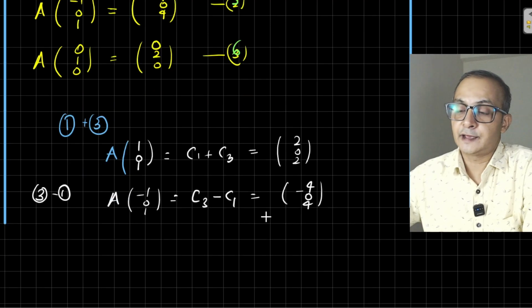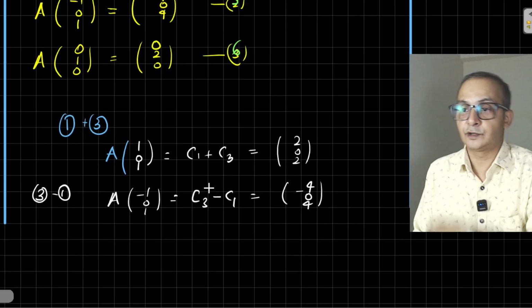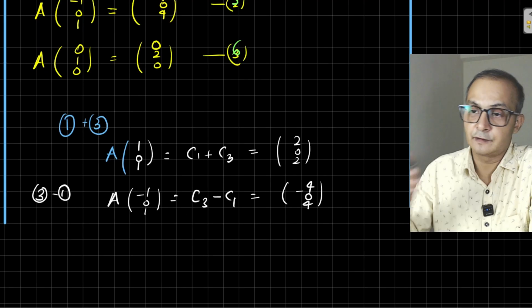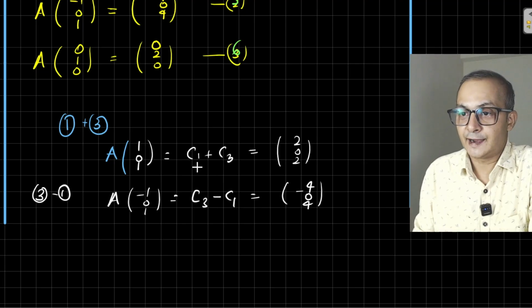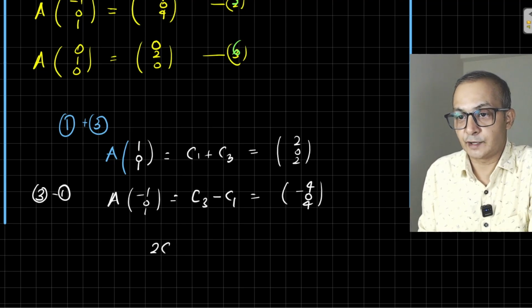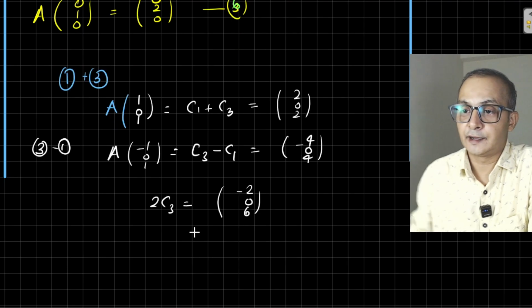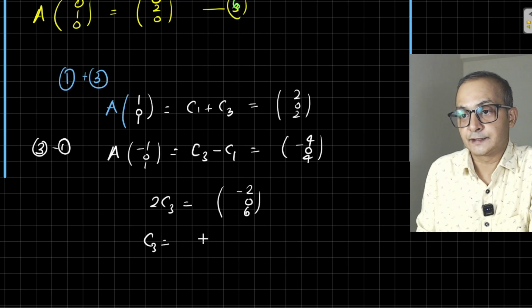And this is the case. Now we can directly find out C3 and C1, meaning column 1 and column 3 of the matrix A. So if we add them, C1 gets cancelled, and twice C3 we get here: (−2, 0, 6).